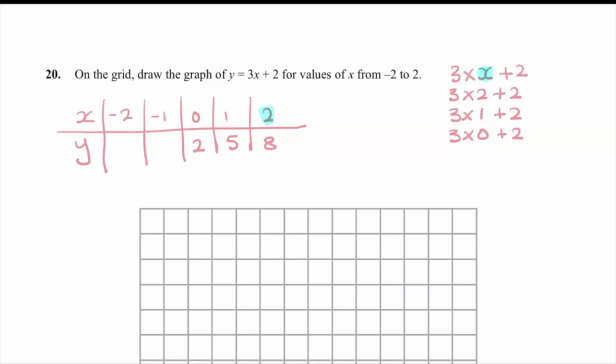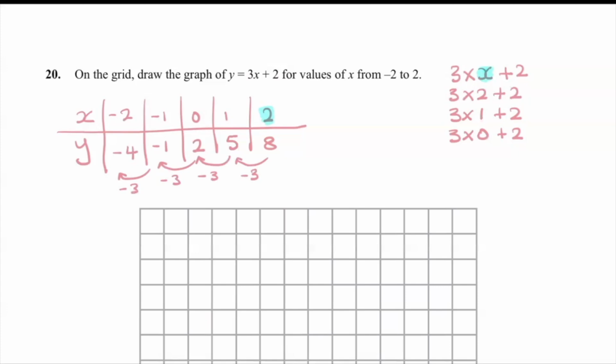To get from 8 to 5, I would take 3. To get from 5 to 2, I would take 3. So I'm not going to substitute a negative number into that maths. I am just going to take away 3 from 2, and that will give me -1. And then I'm going to take away 3 from my -1 to give me -4.